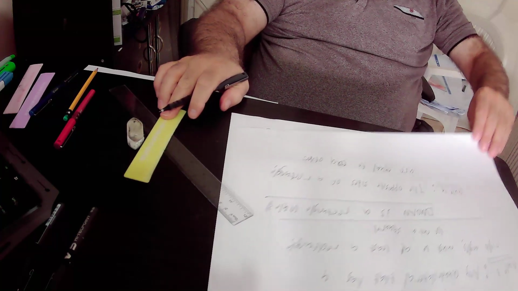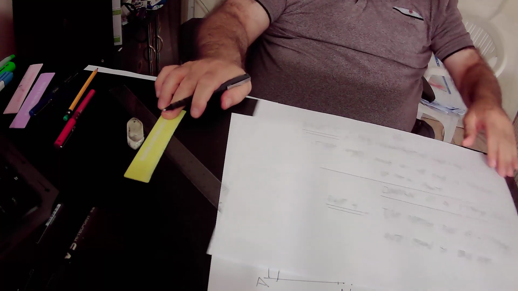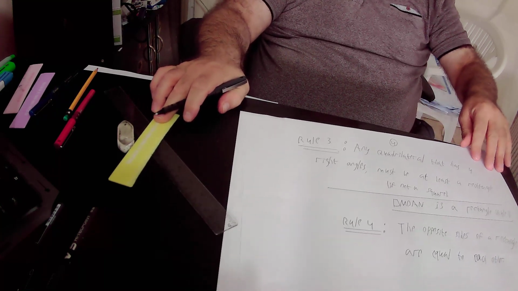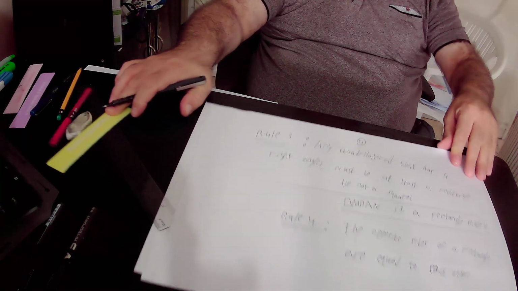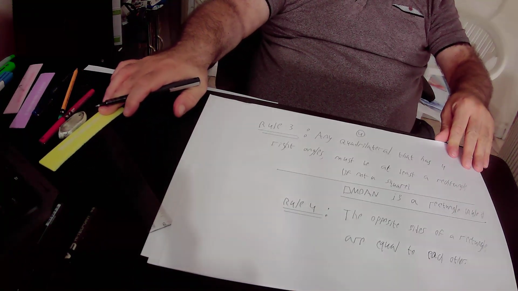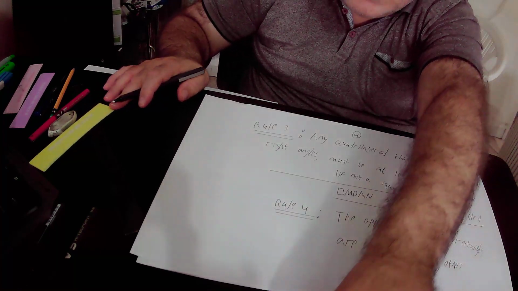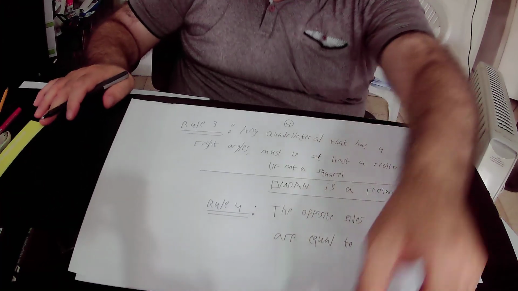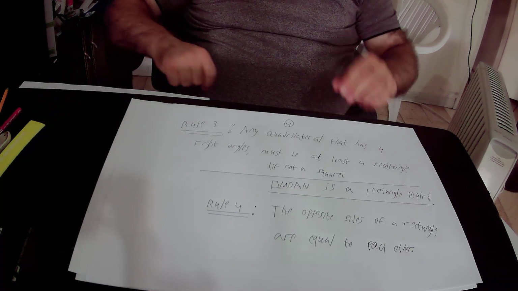I will repeat rule number 4 again. According to rule number 4, the opposite sides of a rectangle are equal to each other.